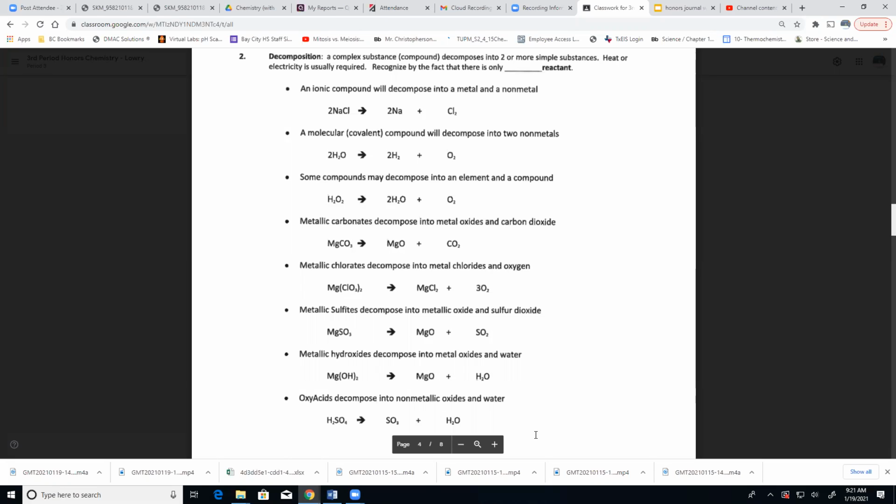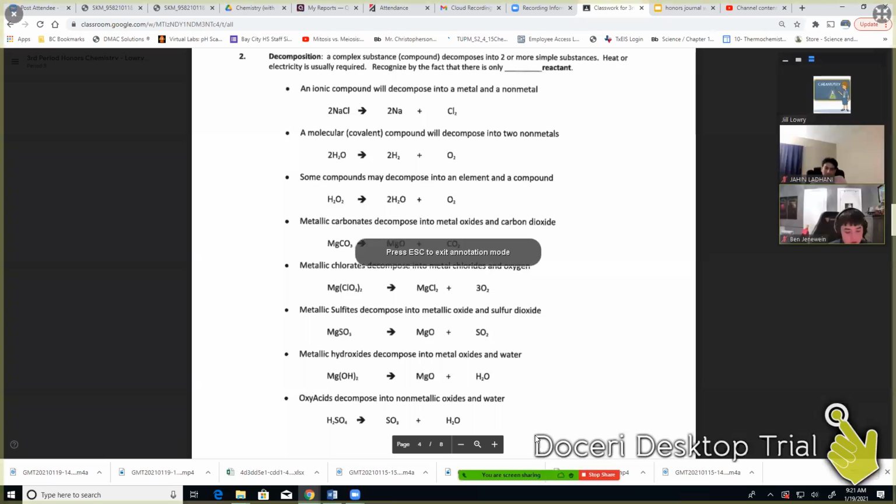So they follow a pattern, just like we saw with our synthesis reactions. So a decomposition reaction is, like I said, the reverse of a synthesis reaction, because you have a complex compound that decomposes into 2 or more simpler substances, usually requiring heat or electricity for that to happen.